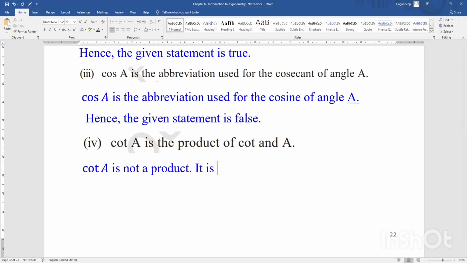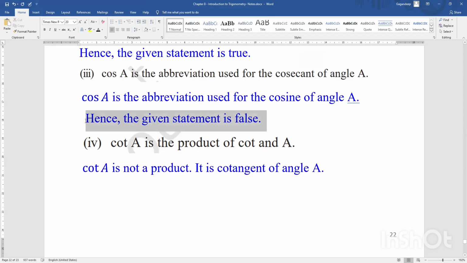It is cotangent of angle A. So hence the given statement is false.